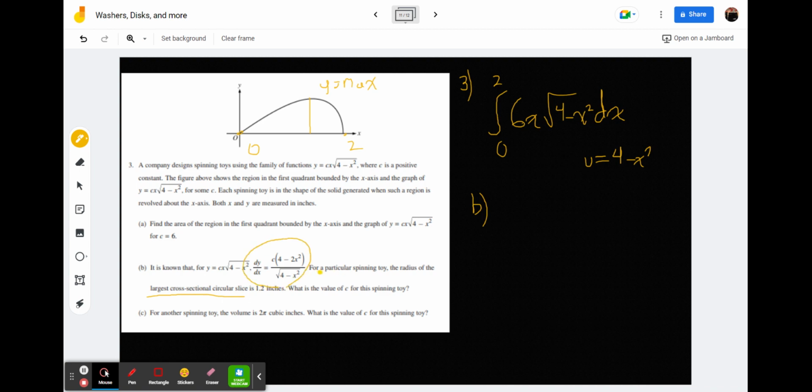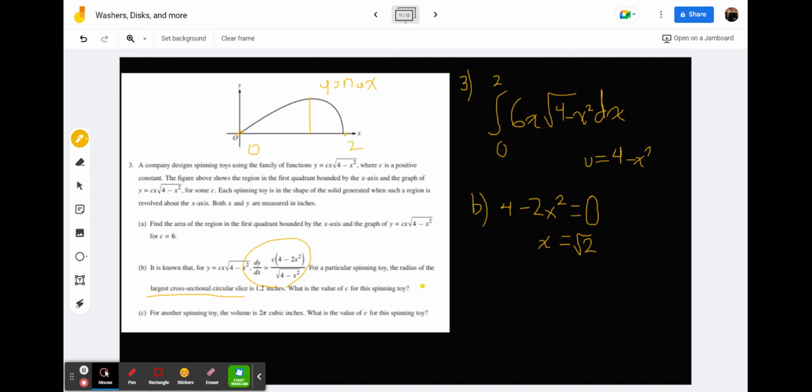If we set this to 0, what we'll find is that we want 4 minus 2x squared to be 0, because the c we can get rid of because it's a constant, and the denominator is the denominator. We can multiply by it on both sides, and we'll just end up with this. Therefore, it reaches its maximum when x equals root 2.